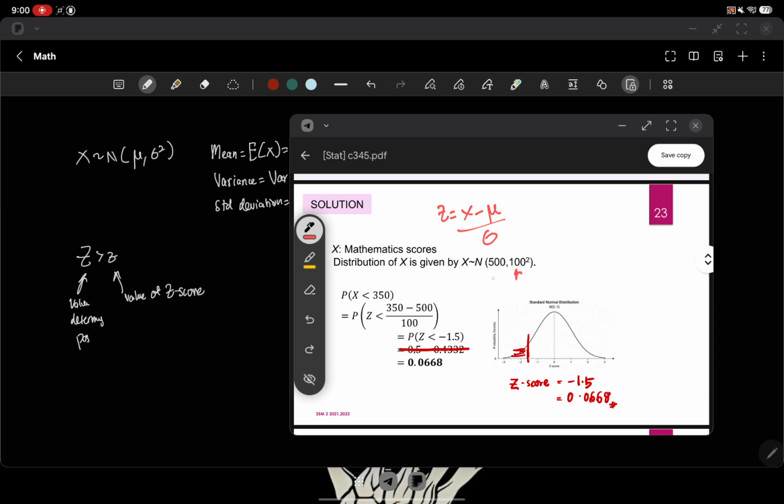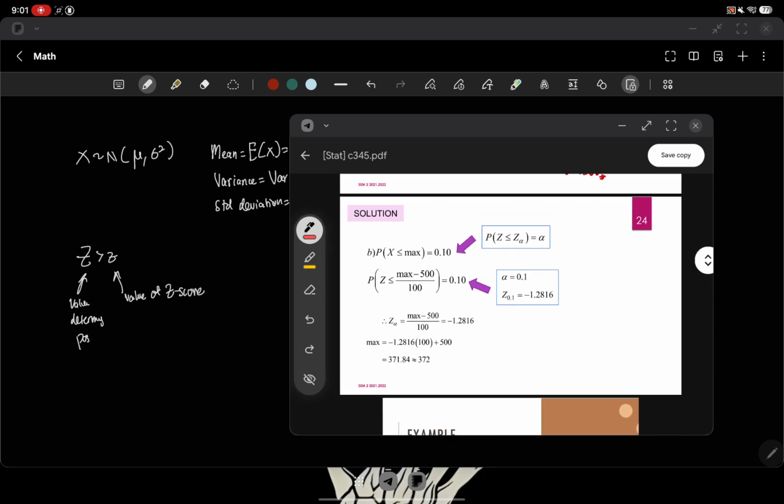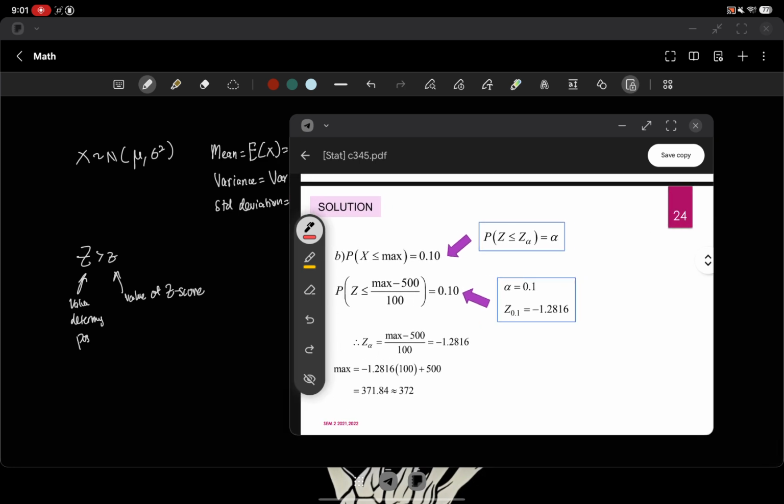So this is the standard deviation, this is the mean, and this is the score. In this case, 350 minus 500, the mean, over 100, the standard deviation. So you'll get this, and you just need to refer to the table. Okay, so Z is less than 1.5, so this is the area covered. Now this is the final answer.